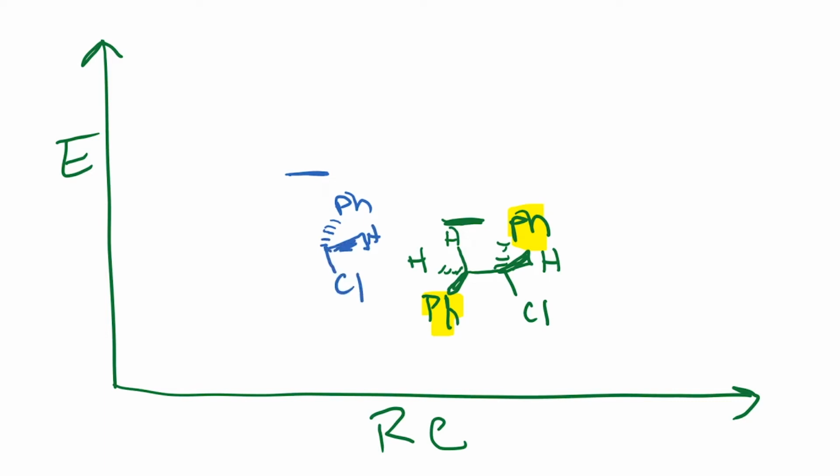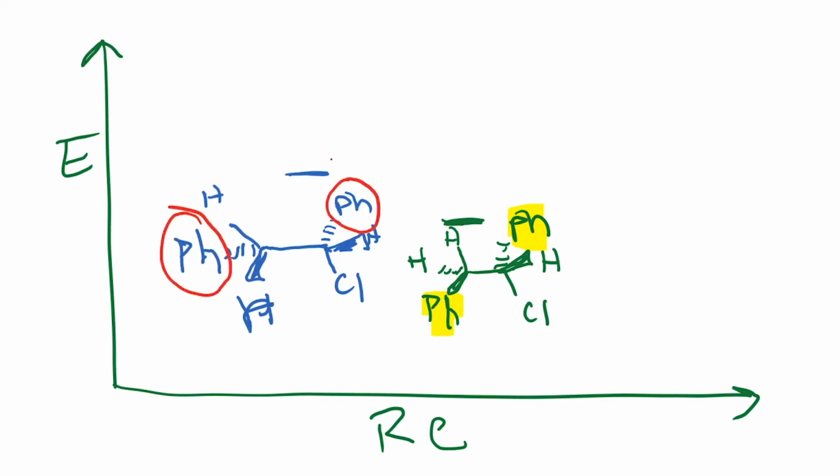The carbon on the right remains the same, but in the other carbon we have hydrogen, and this is also hydrogen, and this is the phenyl ring. Notice that I have put these two rings close to each other, and therefore this conformation would be of a higher energy compared to the other.